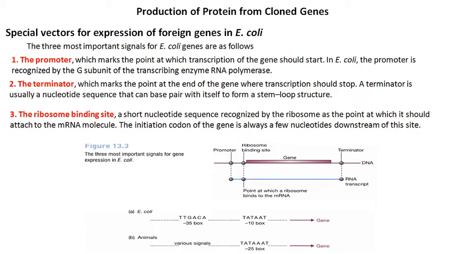So the terminator region is also important. And the third important thing is RBS, that is ribosome binding site. It is a short nucleotide sequence recognized by the ribosome as the point at which it should attach to the mRNA. So during protein synthesis or translation, the ribosome will first bind in the RBS region.